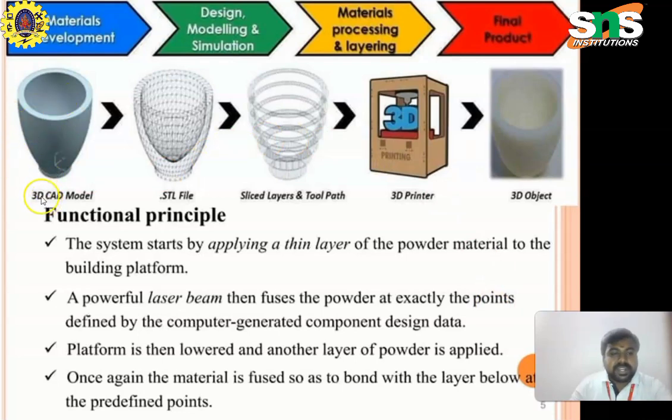First, a three-dimensional CAD model. It is made by using three-dimensional design software like SolidWorks, CATIA, Pro-E. Then these three-dimensional computer-aided design models are converted into an .stl file. The .stl file means a stereolithography file, or standard tessellation language file.